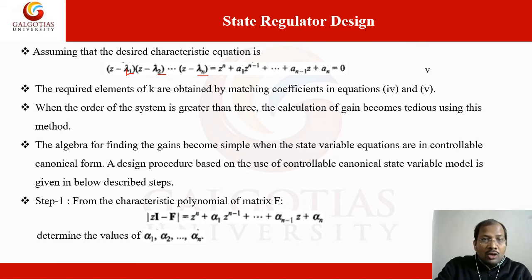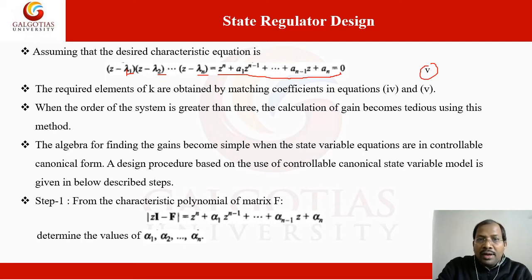So we can choose them and find the desired characteristic equation. Here we compare the coefficients of the fifth equation and the fourth equation from before to find K. K has different components, k1, k2, up to kn, and each can be compared with respect to a1, a2, up to an.